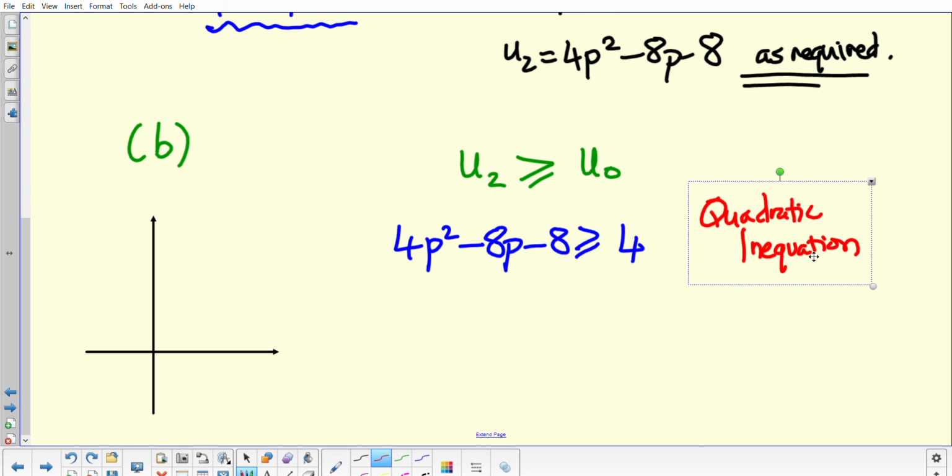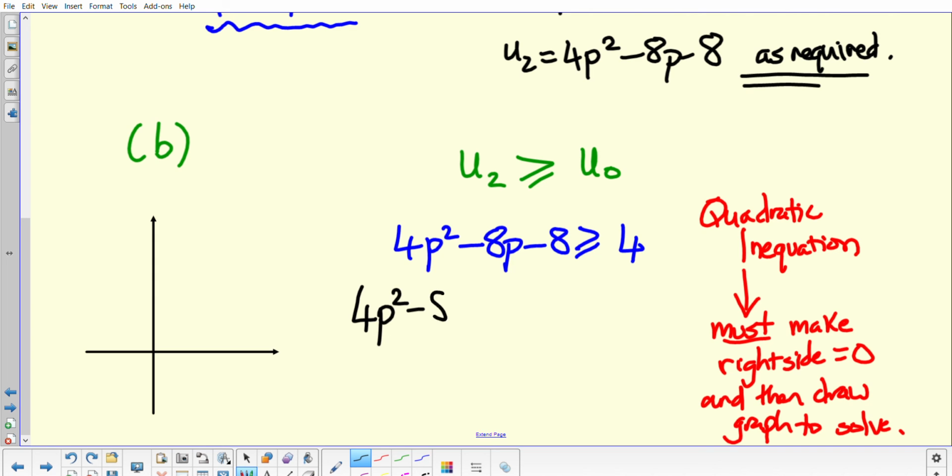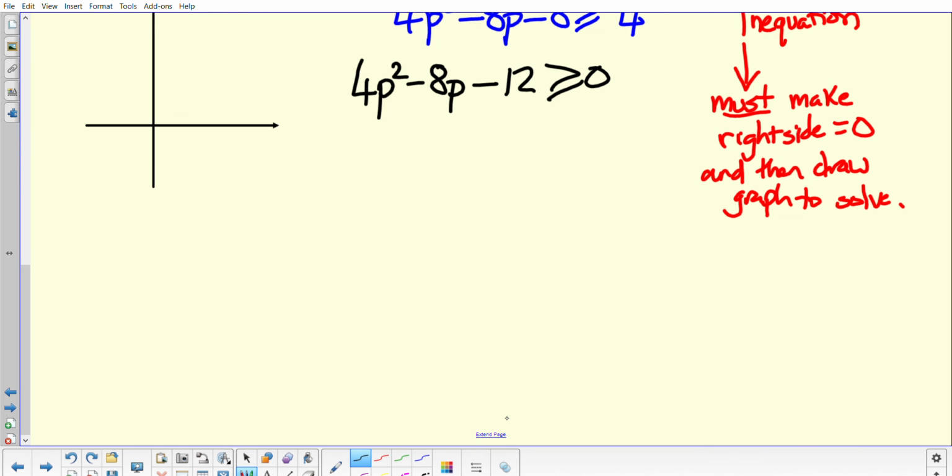So how do we solve that? So you need to, first of all, make the right side equal 0, and then draw the graph in order to solve. So making the right hand side 0 here means that my inequality would become 4p squared minus 8p subtract 4, that would be minus 12, and that would be greater than or equal to 0.